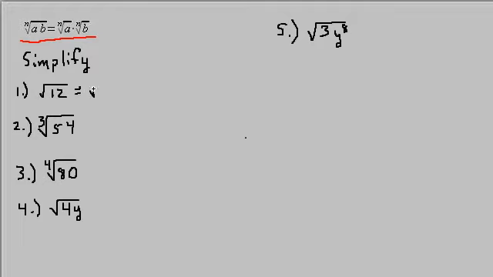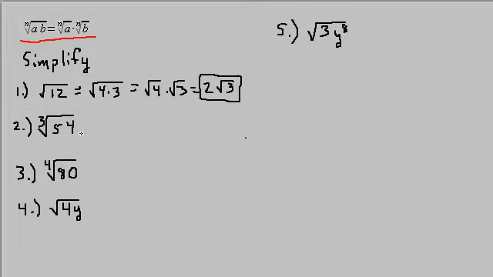So this is equal to the square root of 4 times 3. And then we're going to use this property to rewrite this as the square root of 4 times the square root of 3. And then the square root of 4 is 2. 3 is not a perfect square, and it doesn't have a factor that's a perfect square. So our final answer is 2 square roots of 3.